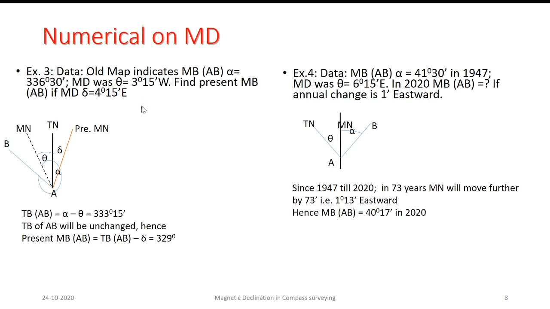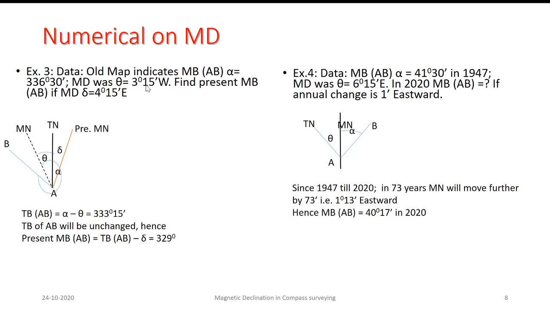As this magnetic declination is 3 degrees 15 minutes west, that means the true north should be presented on the rightward side as compared to that magnetic north, making an inclination of 3 degrees 15 minutes. As on today, the magnetic declination is 4 degrees 15 minutes east. That means presently this magnetic north should be drawn on the right side, making an inclination of 4 degrees 15 minutes the way I have shown here.